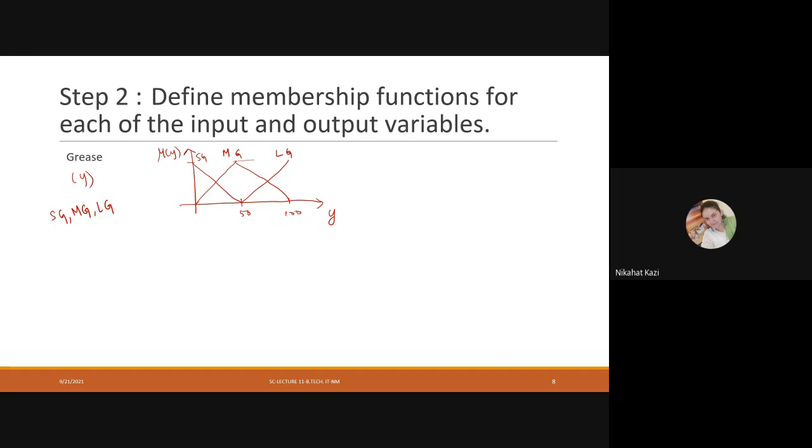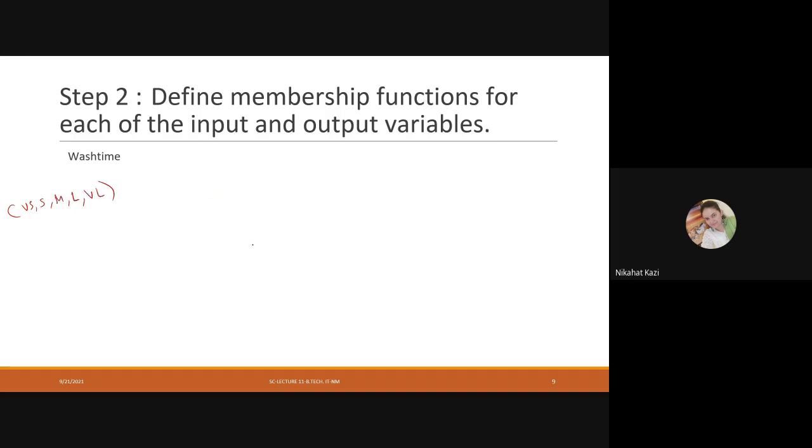Okay, the last one is wash time. For wash time, you have 5 descriptors. The 5 descriptors that we had assumed were very short, short, medium, long, very long. Now here you decide the different ranges. The equations you need to write down, it will be helpful for you to solve the problem.